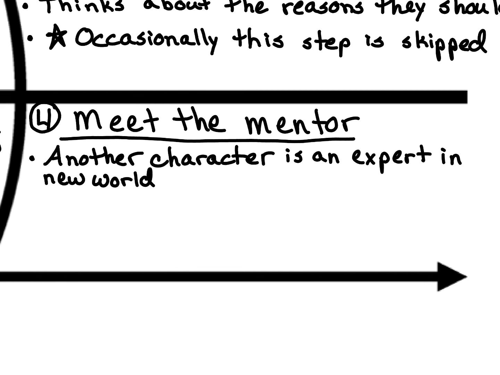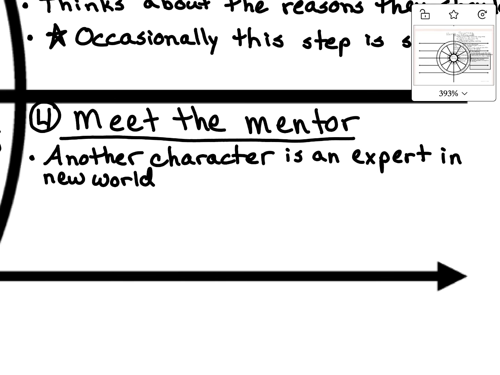Simba meets Timon and Pumbaa, who teach him all about Hakuna Matata and how to live in the jungle, right? So this character is an expert, and they teach them how to survive in this new world or this new adventure that they have entered.